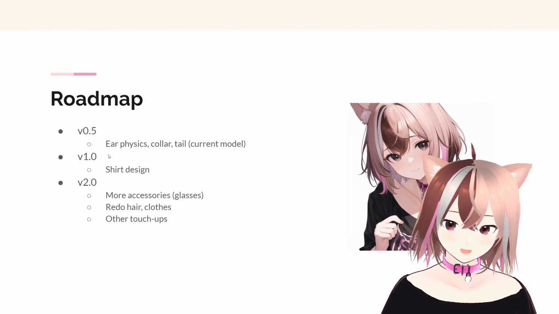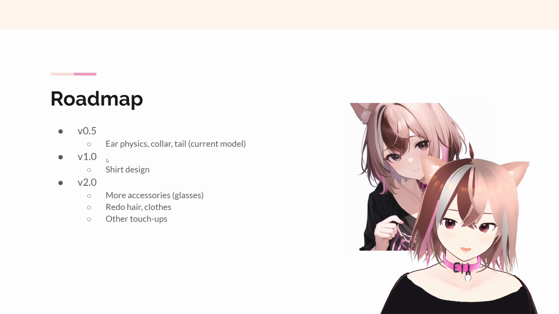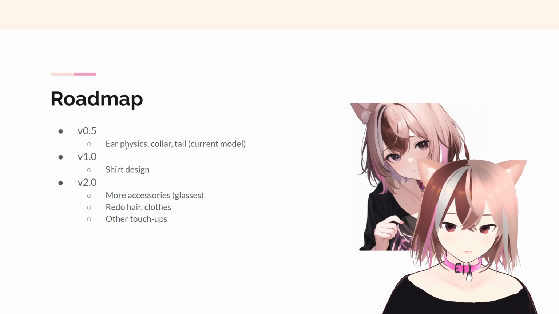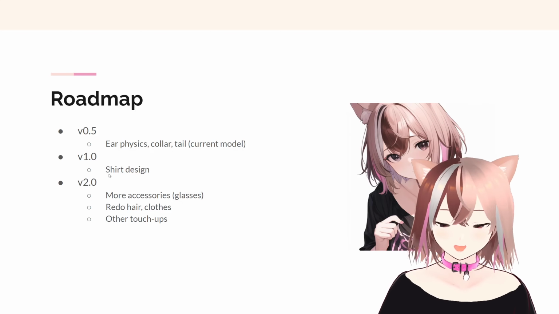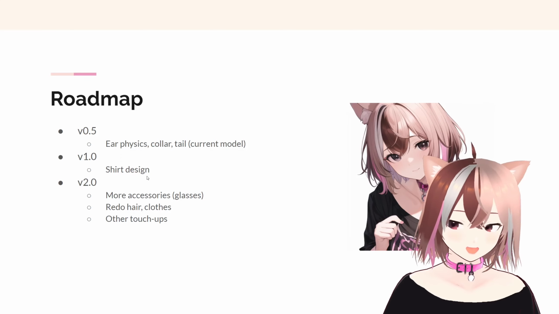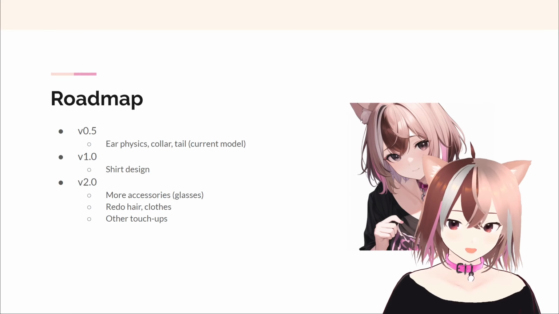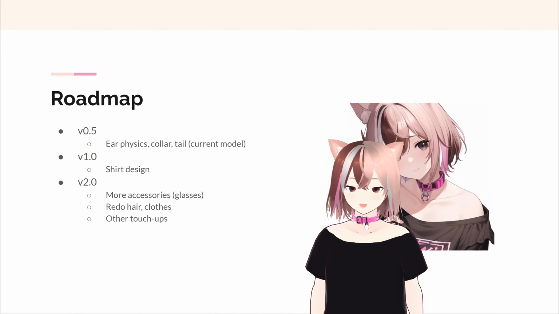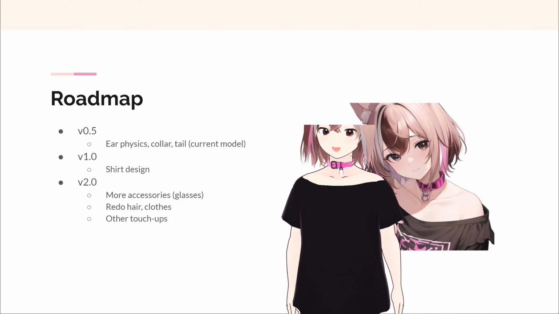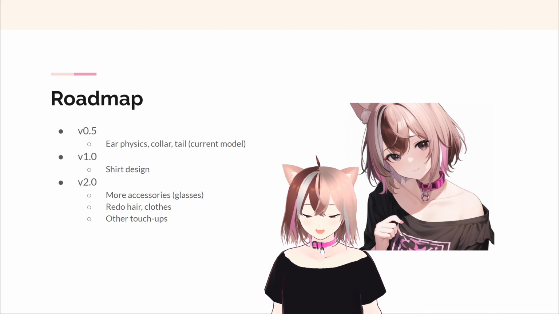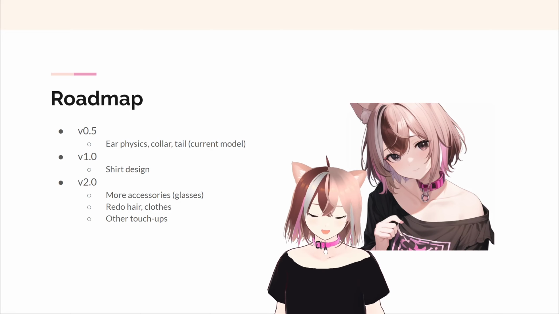So, roadmap. Right now, I'm considering this version 0.5 for the model. I've got ear physics, collar, a tail. Version 1, sort of like a release, is what I want to think of it as. That'll be when I get a design for this shirt. Right now it's blank. And on the AI version, there's some pink squiggly things.